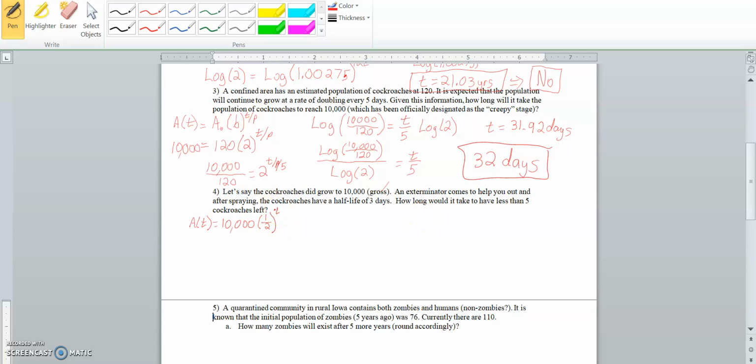So T is our unknown, and the half-life is occurring every 3 days. So P is 3. I am going to go ahead and redraw this to save time and space.